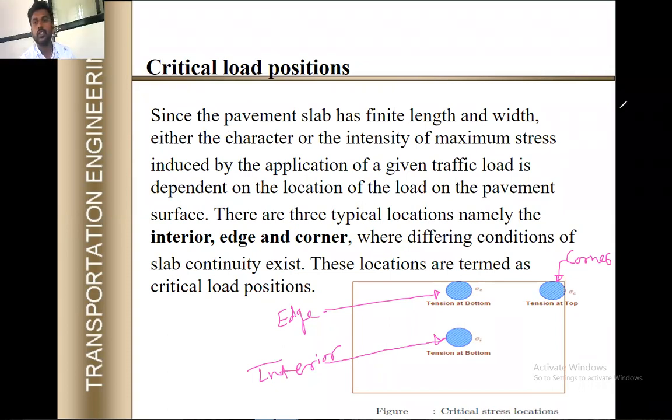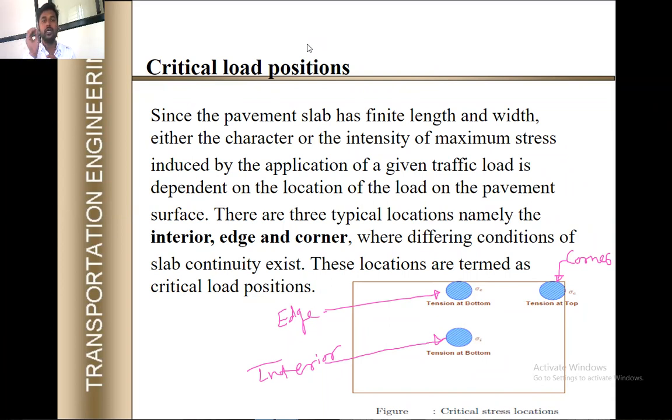Okay, so these are the critical positions of the loads. Critical positions means what? Whenever a heavily loaded vehicle is traveling on that road, on some certain areas, what will happen if the tire goes there? It will give us the maximum deflection. So those positions we consider as critical positions for the loading.